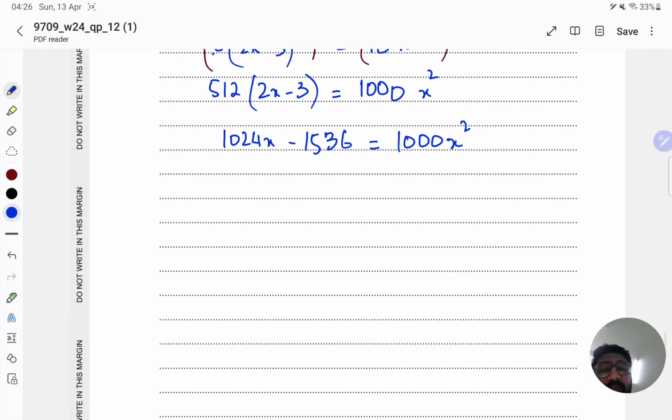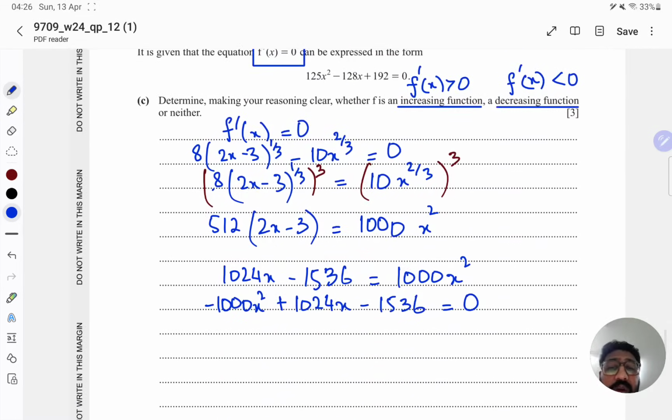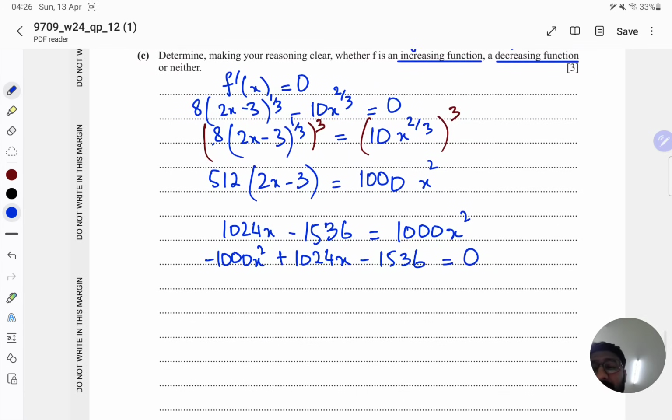Now we can further simplify by bringing that 1000x square to this side. It will become minus 1000x square plus 1024x minus 1536 equals 0. We can see we have 125 as the first coefficient, 1000 divided by 125, so basically we need to divide all of them by 8.